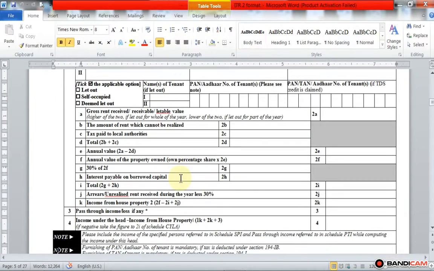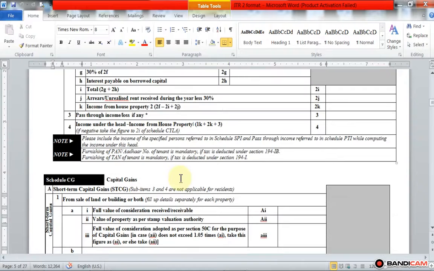In capital gain we studied Part A, that is short term capital gain. Short term capital gain includes movable property and immovable property. Immovable property includes land and building.